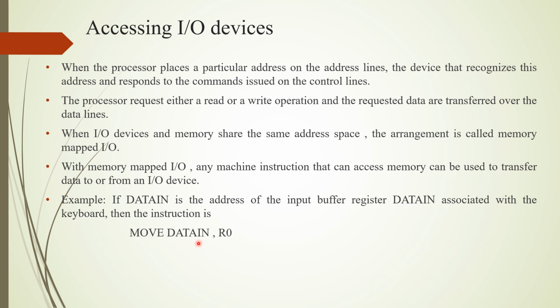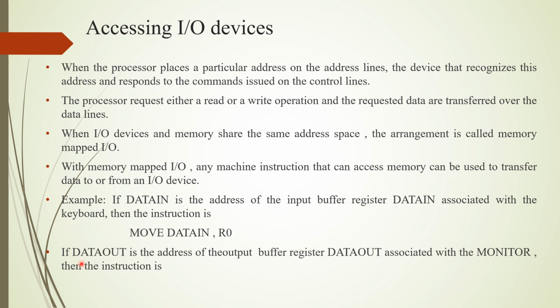Data in is an address of the buffer register associated with the keyboard, and R0 is the internal register. Data in acts as the first operand, R0 acts as the second operand.